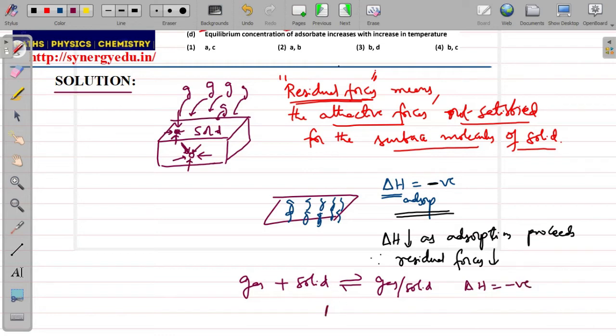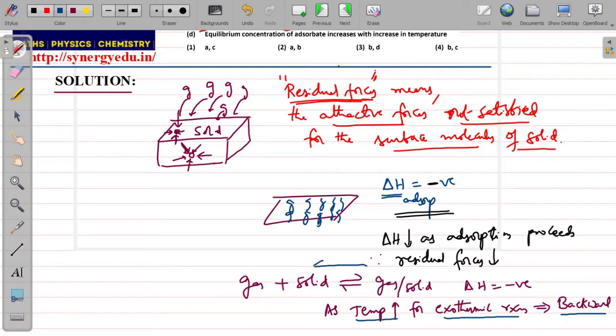According to Le Chatelier's principle, as temperature increases, for an exothermic reaction a backward shift takes place, and for an endothermic reaction a forward shift takes place. Since our adsorption process is exothermic, it moves in the backward direction as temperature increases. Backward direction means desorption takes place. Some of the adsorbed gas will leave the solid surface.